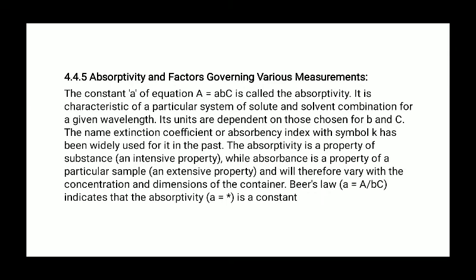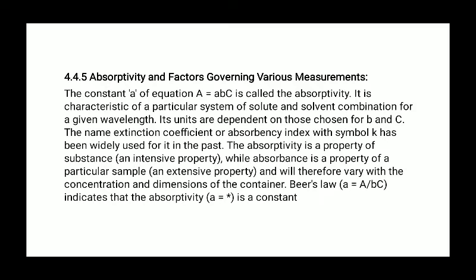Now, absorptivity and factors governing various measurements. The constant a of the equation A = abc is called absorptivity. It is characteristic of a particular system of solute and solvent combination for a given wavelength. Its units are dependent on those chosen for b and c.